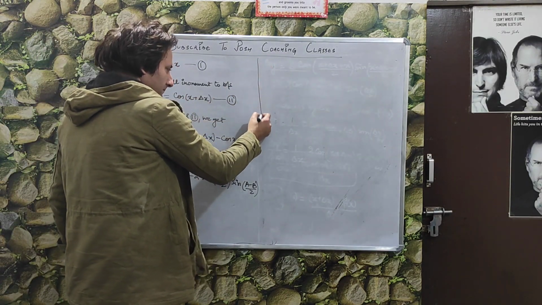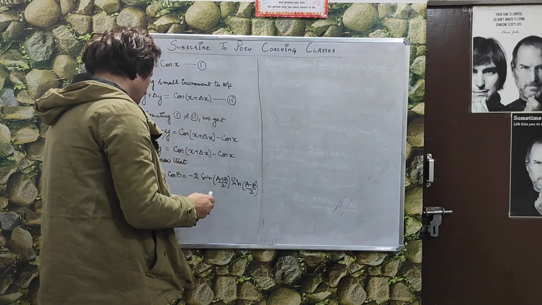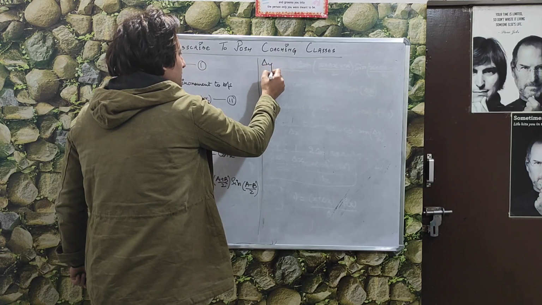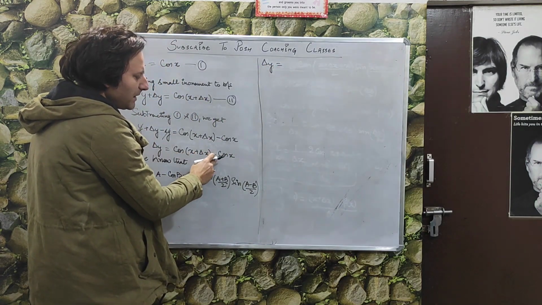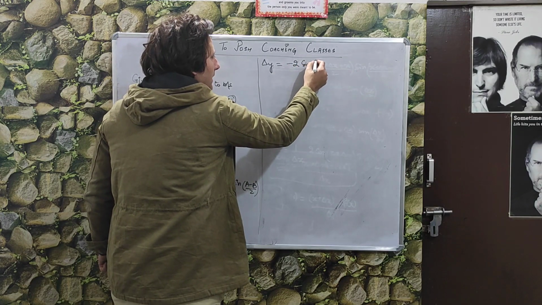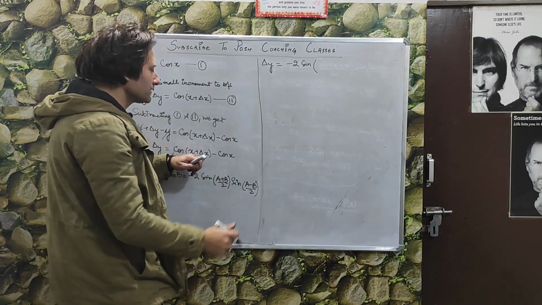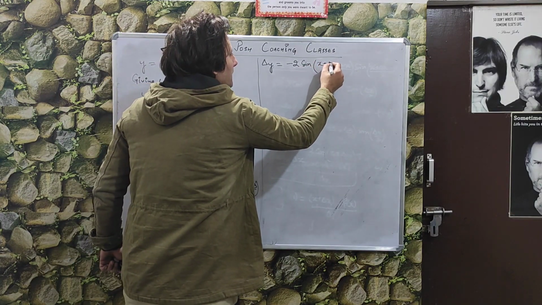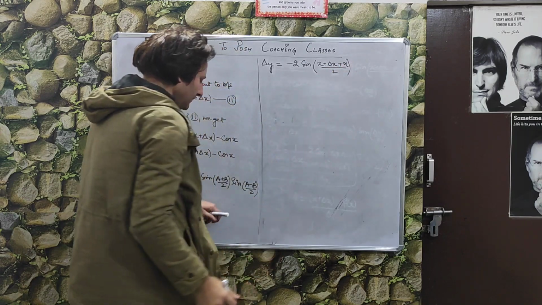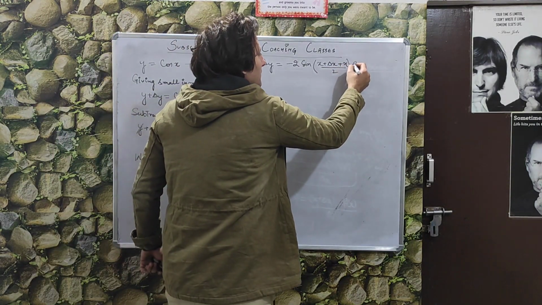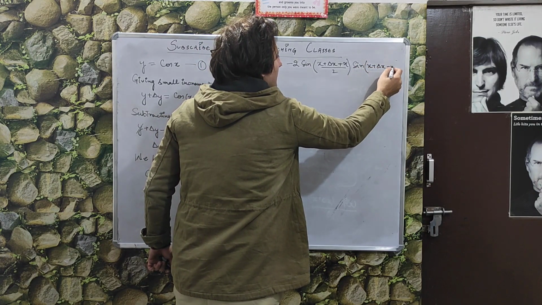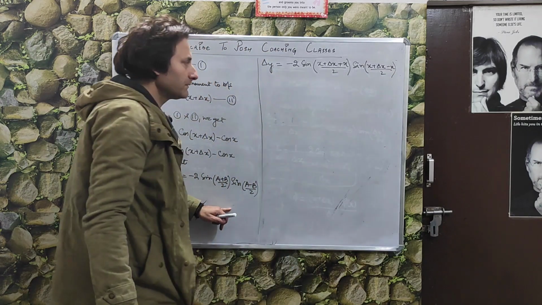So it is delta y is equal to, this is cos a minus cos b. It becomes minus twice sine. We have a plus b, that is x plus delta x plus x upon 2. And then we have sine of a minus b, sine of x plus delta x minus x upon 2. Right?